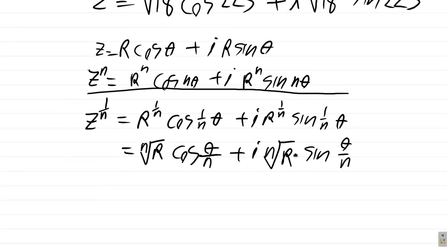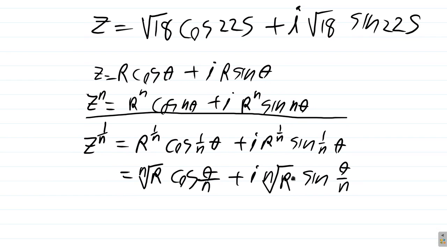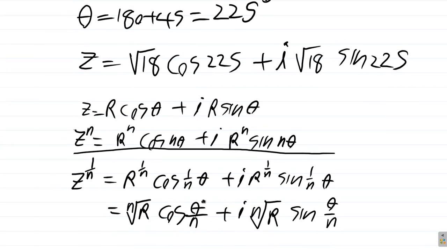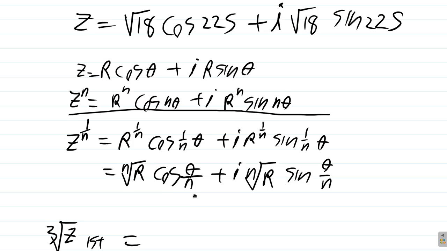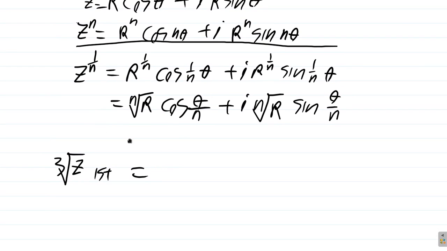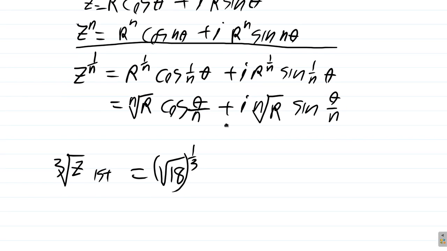Alright, so the cube roots. There will be 3 cube roots. So, cube root of z1, our first cube root, is going to be, you have the square root of 18, but which will be raised to the 1/3. Square root of 18 to the 1/3, right? Whatever that is.